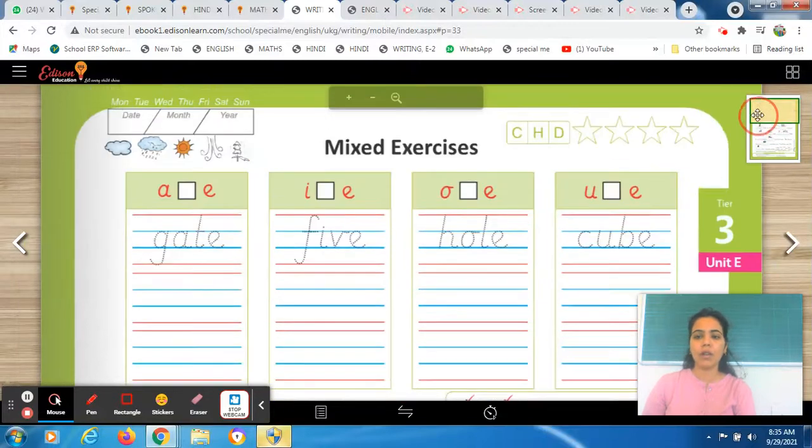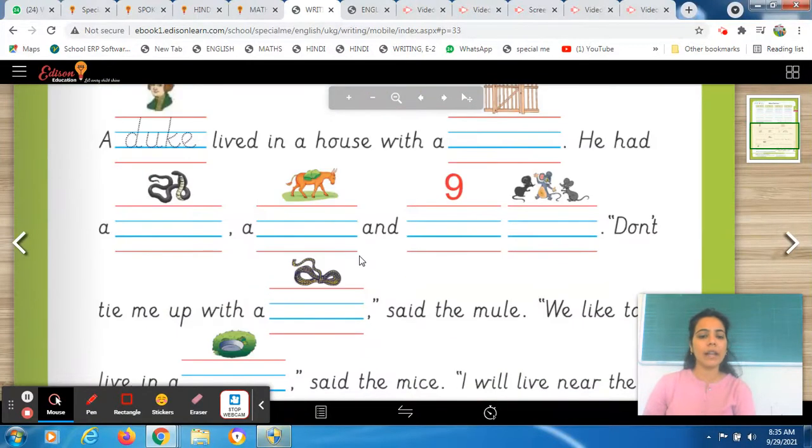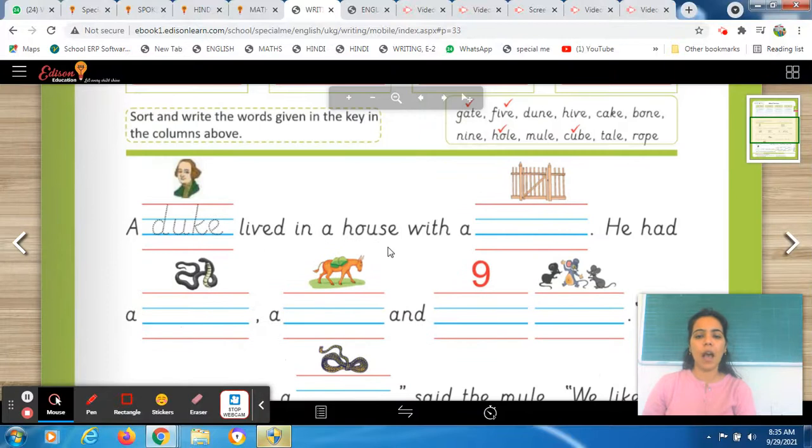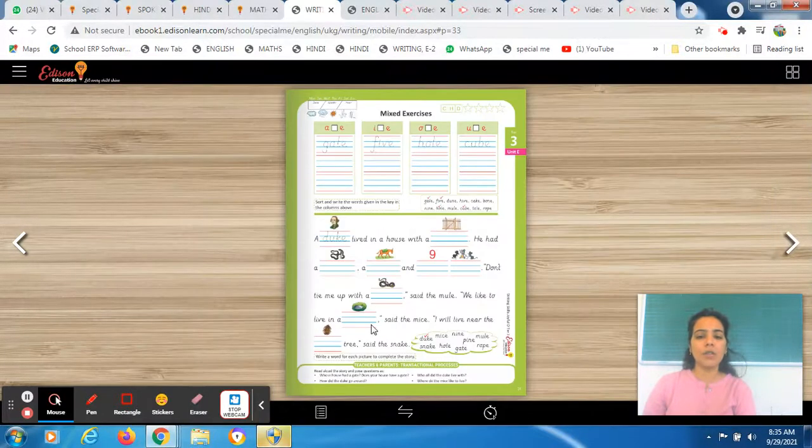As you know, we completed the first half in the previous session, and today we are going to cover the next half. First of all, observe this second half and what is given over here. Students, you see that this is an incomplete story. We have to see the pictures given over here, complete the story, and then read this short story and understand the meaning.